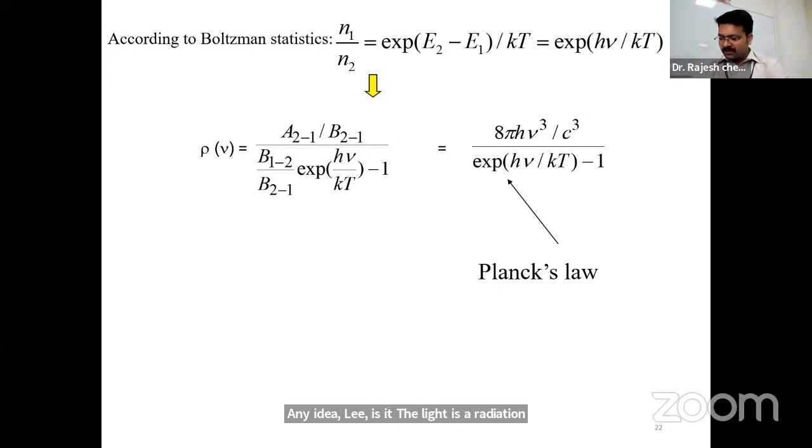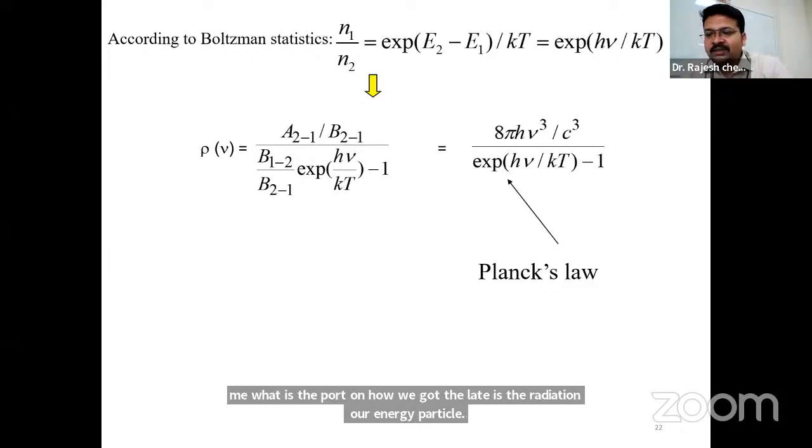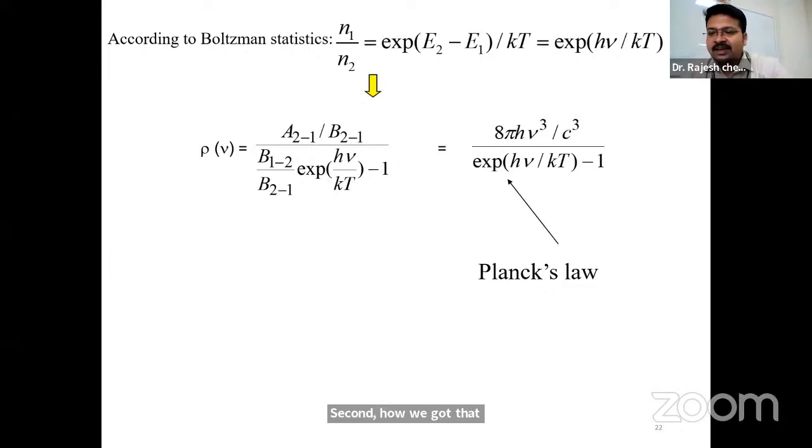Tell me, what is the photon? How did we get that light is a radiation or energy particles? How did we get that dual nature of light? Anyone? What does the dual nature of light mean? Anyone tell me, is light a radiation or energy particles?